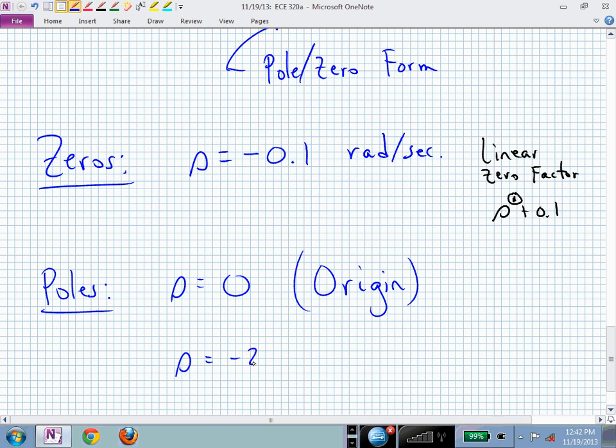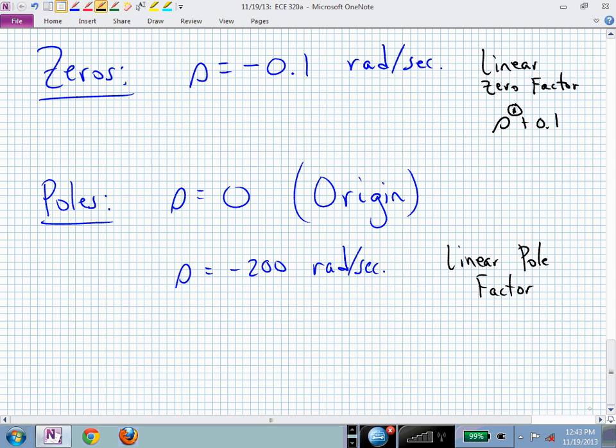We have another pole at minus 200, and that is arising from a linear pole factor, again, this s plus 200. And then we have this pair of poles that are complex conjugates, s equal to minus 6 plus and minus j8 radians per second. This I might call a quadratic.